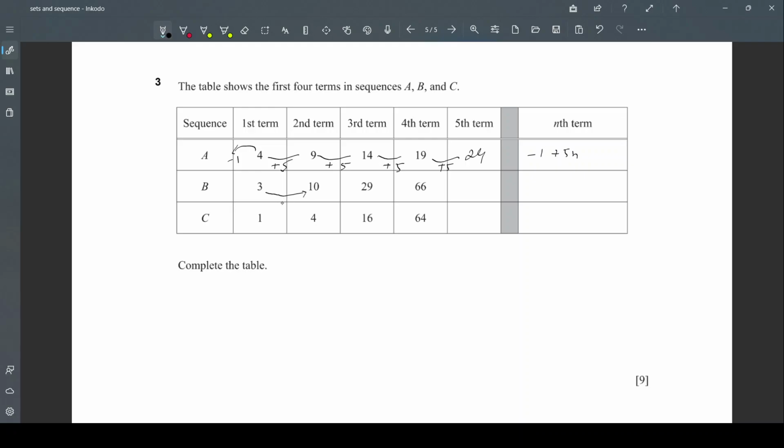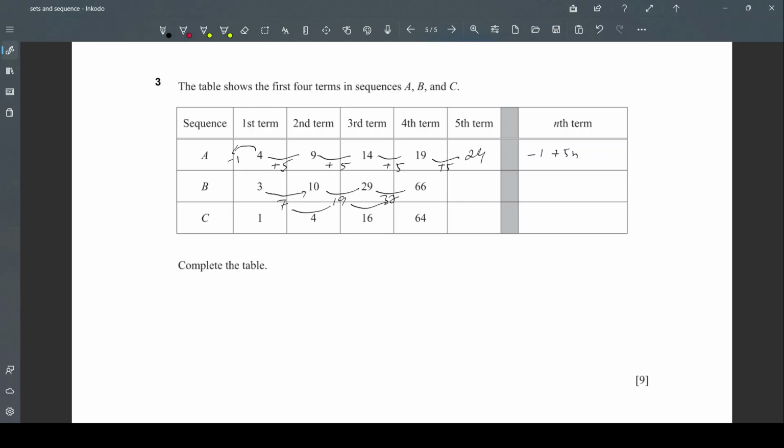Let's say this will be 7 and this will be something like 19, and 66 minus 29 is 37 over here, and the difference does not make any sense. If I subtract this also, I'll not get a common difference.